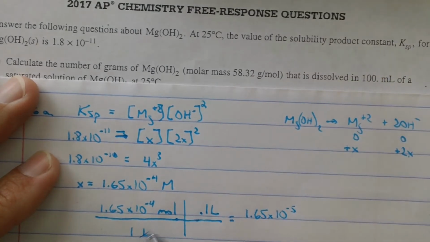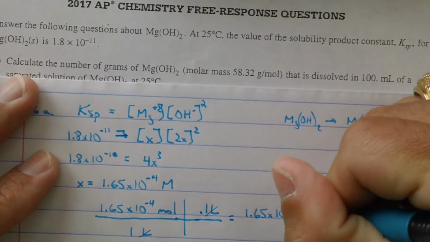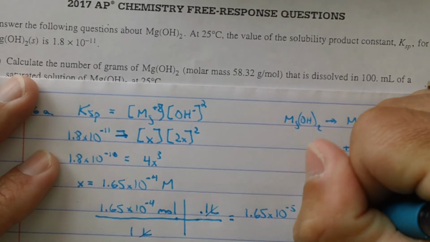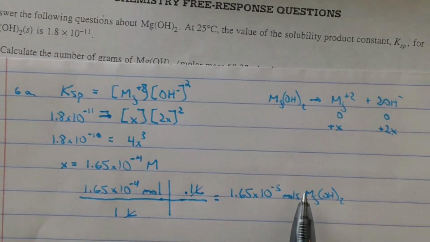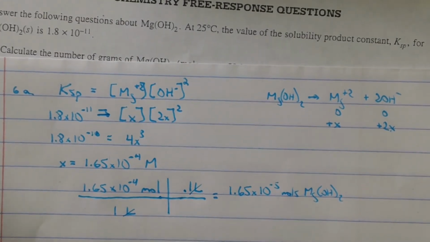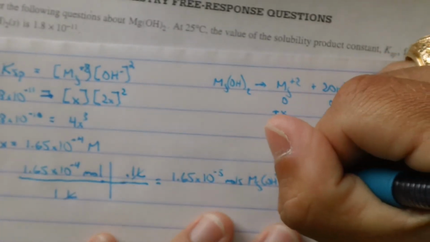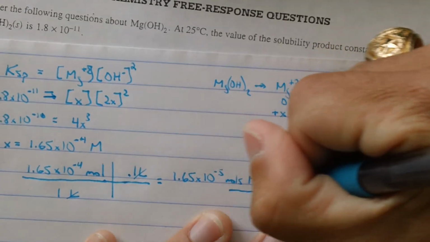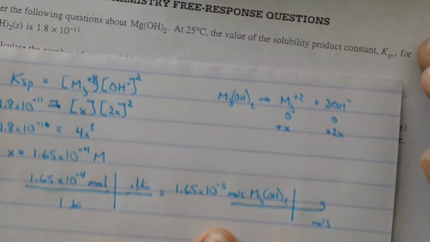What's left unit-wise? Just moles. That's moles of the magnesium hydroxide. That's how many moles dissolved in 0.1 liters. They want to know how many grams dissolved in 0.1 liters, and so we take that moles and we go moles to grams of magnesium hydroxide.